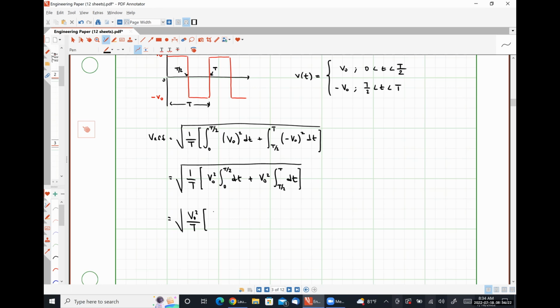So I'm going to have T over 2 minus 0 from that first term. And for my second integration, I'm going to have T minus T over 2.